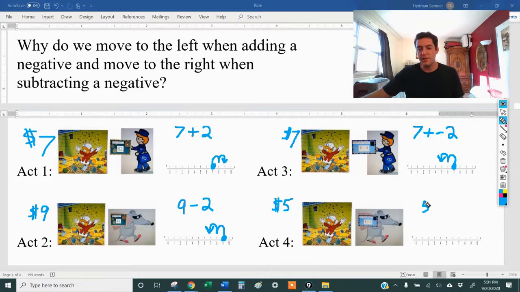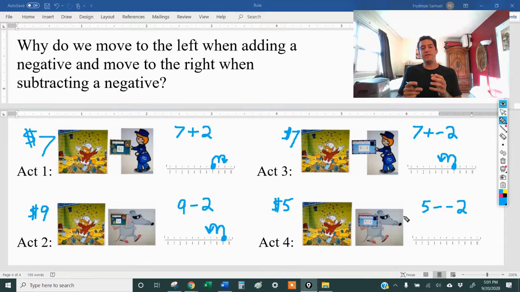Well, we started with $5, and then the mouse took away the bill from the water company. So the bill from the water company is represented with a -2. So to describe what's happening in this situation, we can write 5 minus, because something is getting taken away, -2, because the thing that got taken away was the bill.